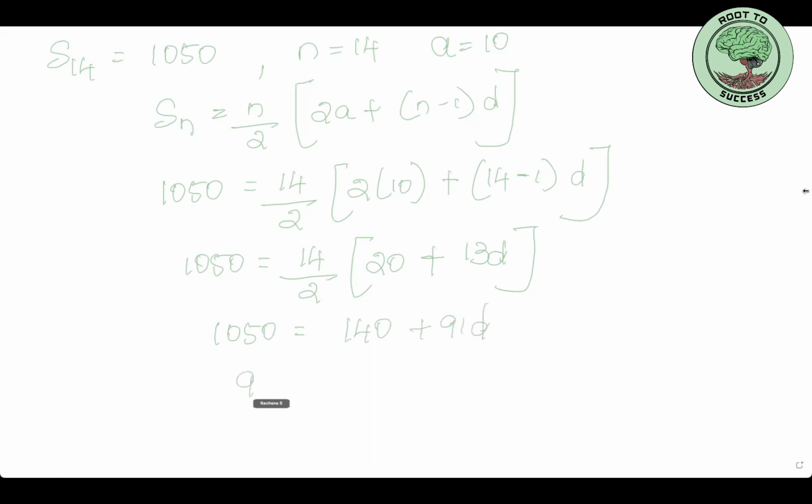Therefore, 910 is equal to 91d. 1050 minus 140 will be 910 and 91d will be the same. So the d value will be 910 divided by 91, which is d is equal to 10.